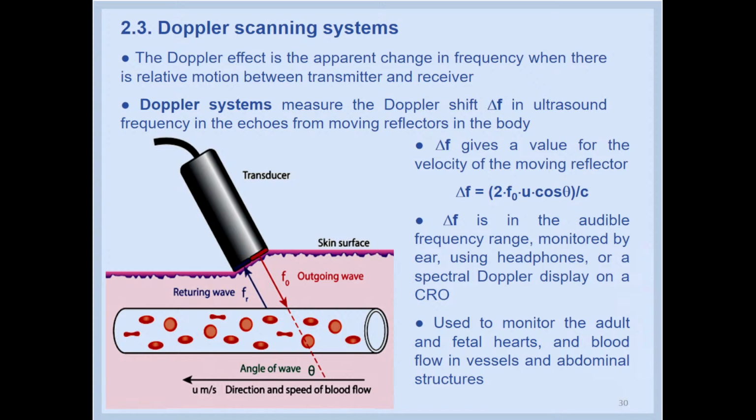All of the systems considered so far have used pulse echo techniques, relying on the range finding capability of short, sharp pulses. In contrast, Doppler systems monitor the velocities of moving structures by detecting frequency changes in reflected signals, in particular in the echoes from moving reflectors in the human body.